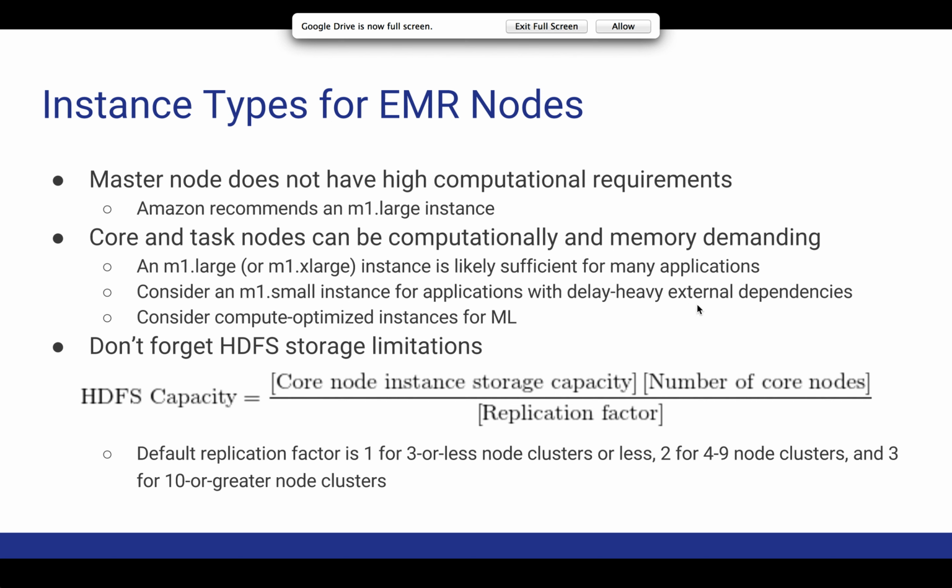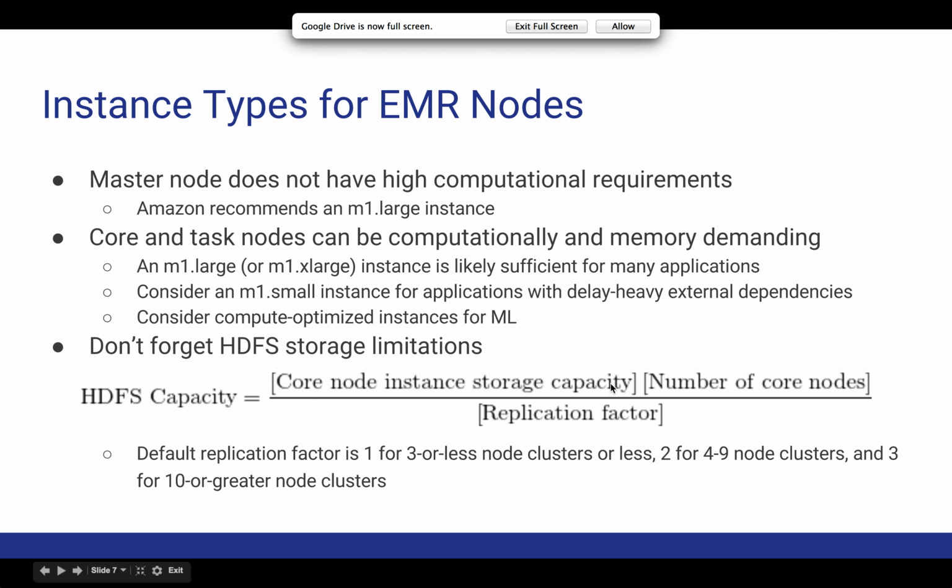One detail I want to point out when you're picking out your instance types, don't forget about the HDFS storage limitations. Now, HDFS is only stored on the core nodes, so when you want to figure out how much capacity do I have within my cluster, what you need to do is take the core node instance storage capacity, multiply that by the number of core nodes, and then divide by the replication factor.